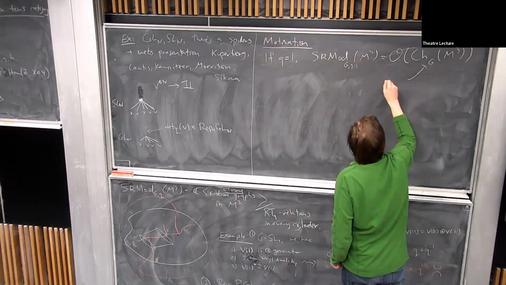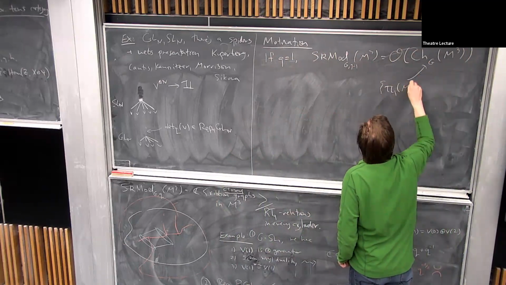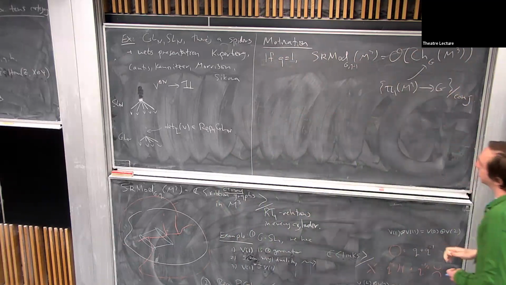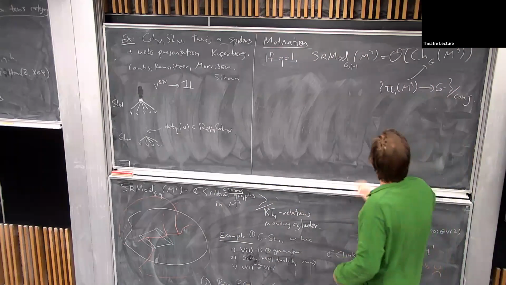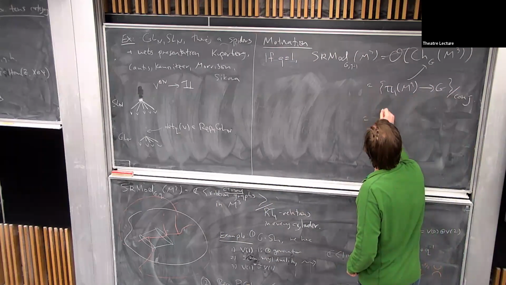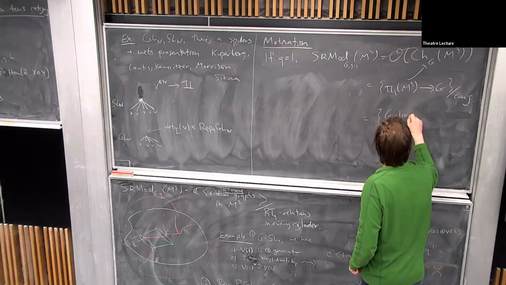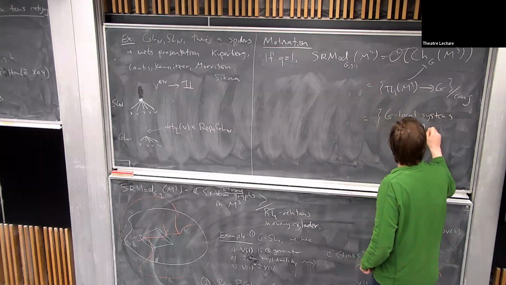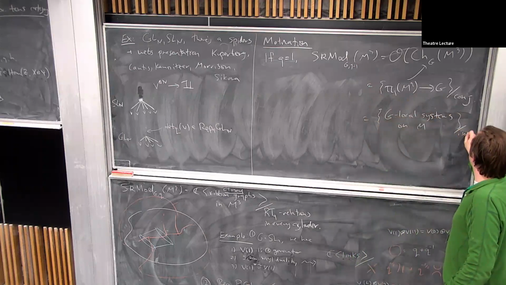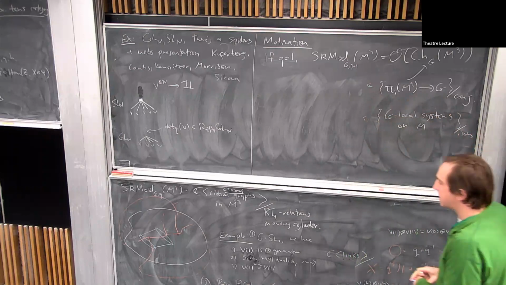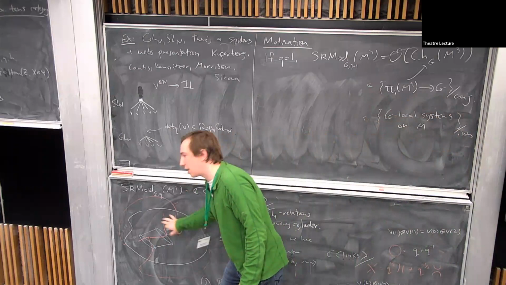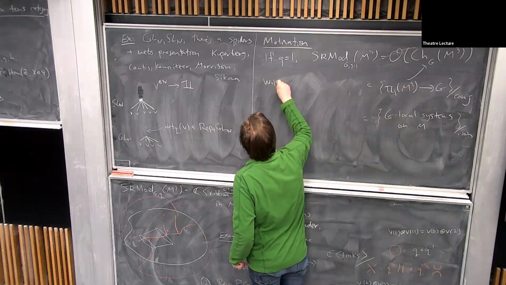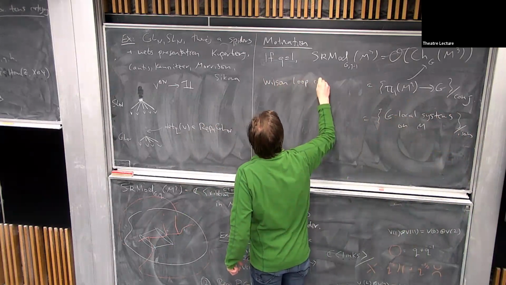So the set of maps from pi1 of the 3-manifold to G modulo conjugation, and maybe equivalently the set of G-local systems on M. Isomorphism. And so maybe let me just sketch why a diagram like this gives you a function. So this is the Wilson loop construction.